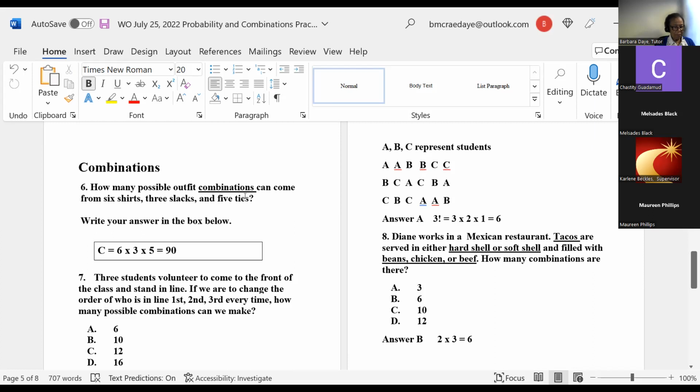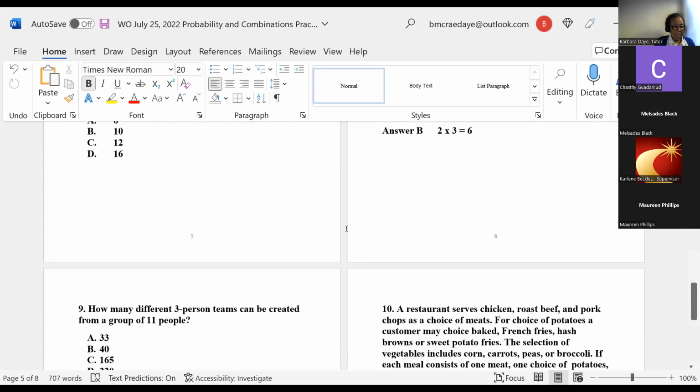Like if you go in a restaurant and you have choices of entrees, veggies, desserts, whatever, then you can just multiply them out. This is not the combination formula. This is just multiplying by each of the number of items.